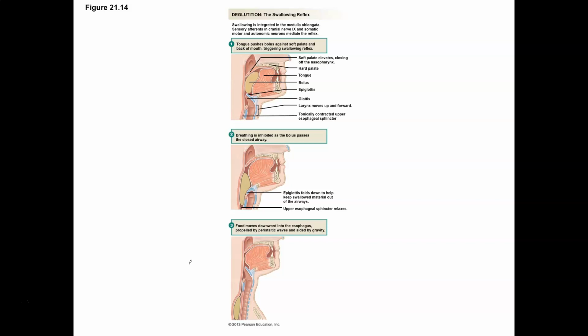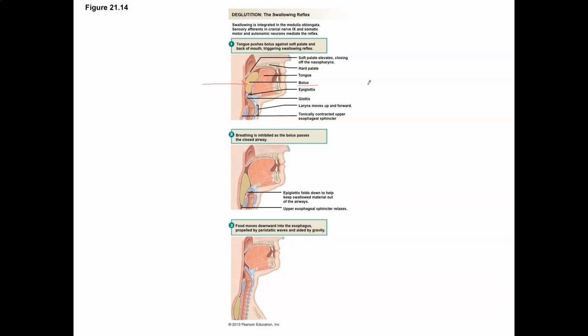Deglutition is your swallowing reflex, and this is what's going to push the food bolus. We call this newly ground up material that's in your mouth a bolus. So we're going to push the food bolus into your esophagus.